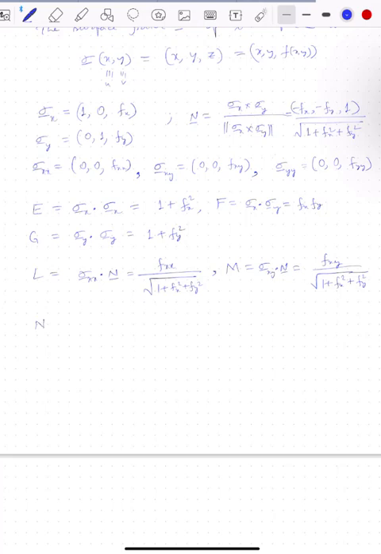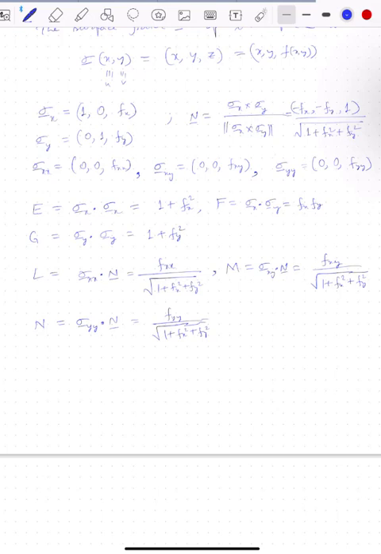And then finally we have N is equal to sigma yy dot n. So this is equal to, again, the third component. So we have fyy divided by root over 1 plus fx squared plus fy squared.